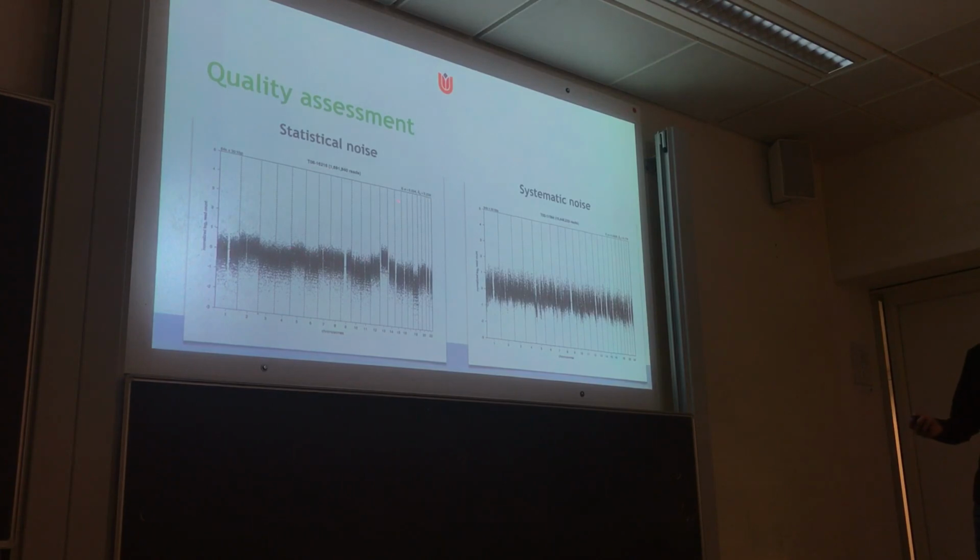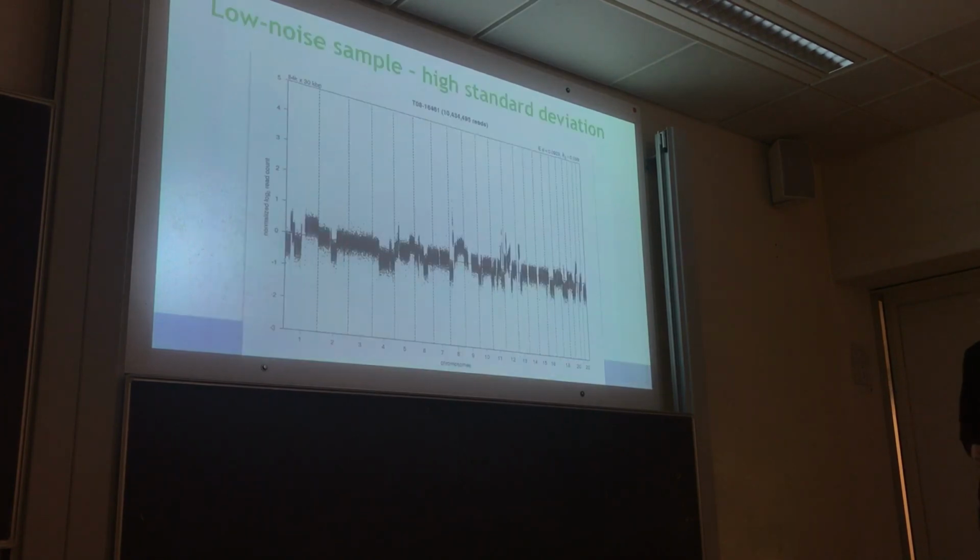The way we distinguish this is by looking at these 2 numbers. I'll go into a bit more detail on that later, but basically the E stands for the expected noise by chance, and the sigma stands for the noise we actually observed. And this is actually what we want to see, a low noise sample.